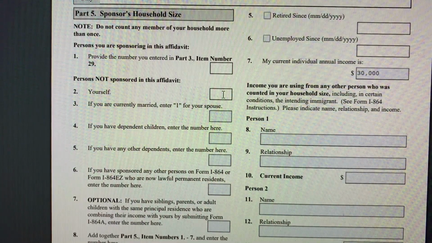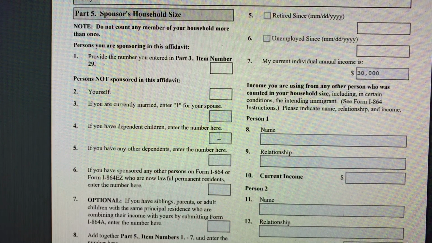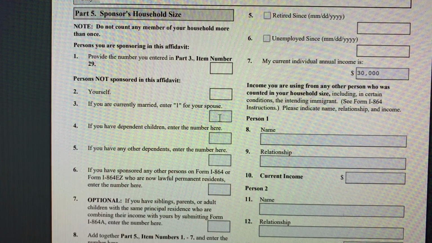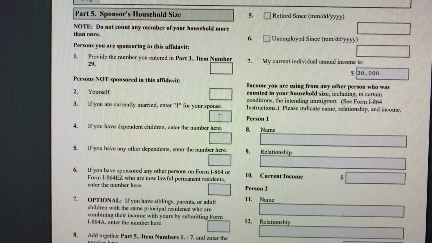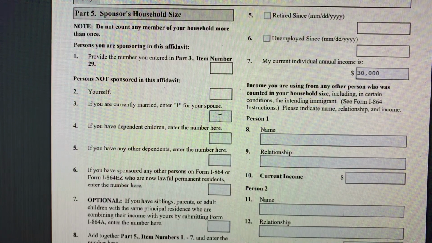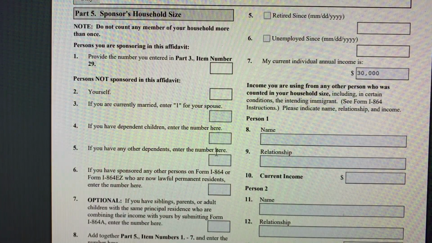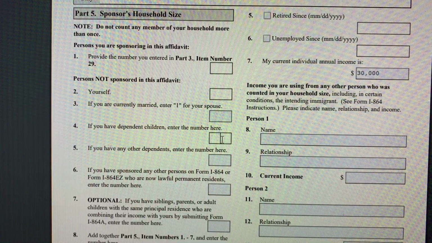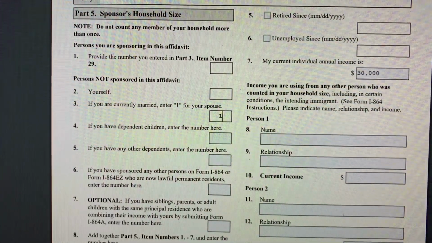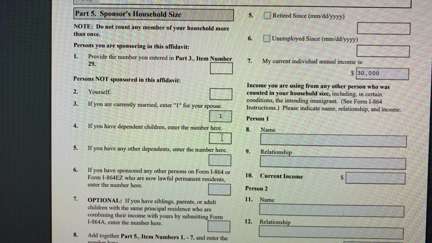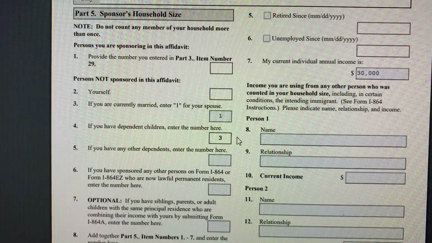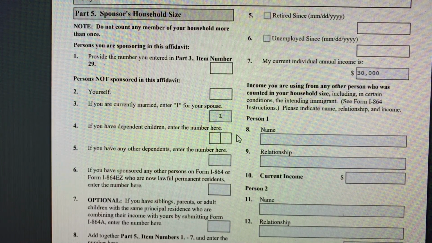My husband, 1. Number 3. If you're currently married, enter 1 for your spouse. So we put 1 here. Number 4, if you have dependent children, enter the number here. This is your derivative, your children. If you have children, you can put 3 here, or in our case, no, we don't have children.